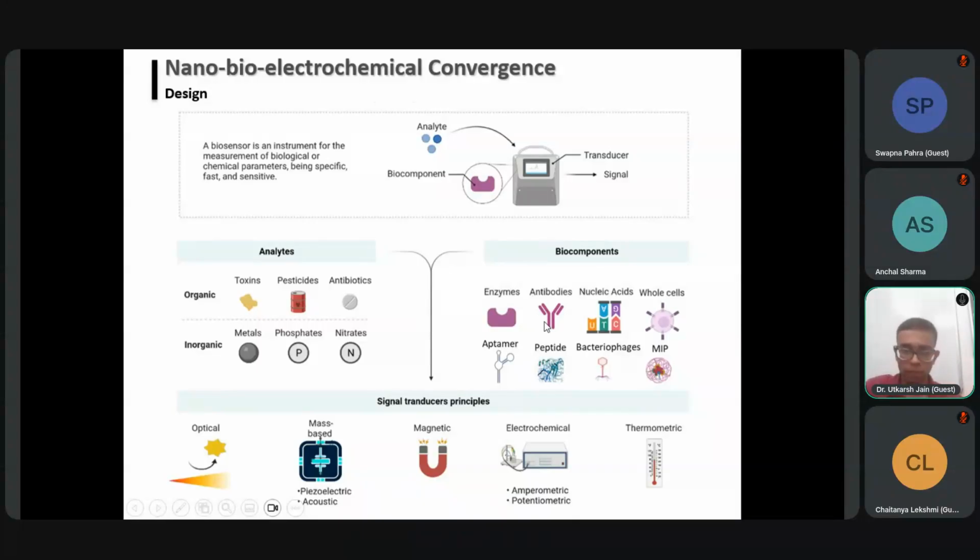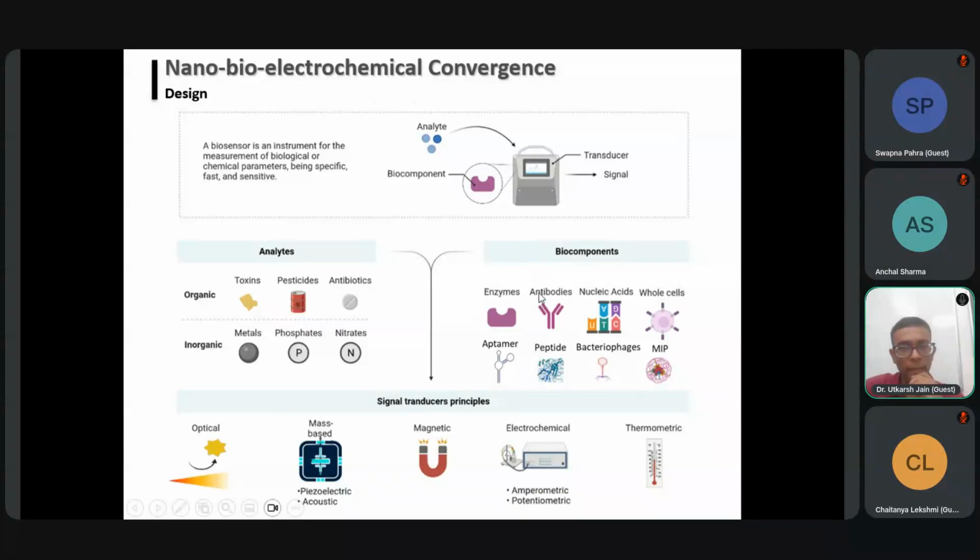I'm not sure how many of you are from a biology background, but I understand that most of you are from biology, physics, or chemistry, because it's an interdisciplinary branch. An antibody is, of course, an immunoglobulin, a protein, which has very high specificity to certain antigens.